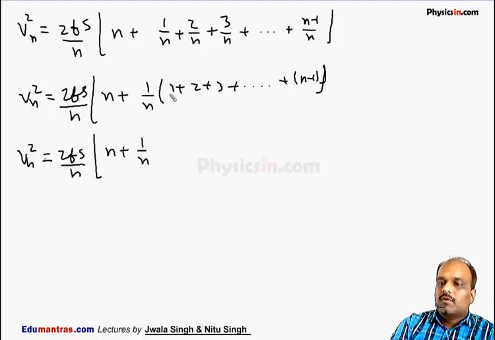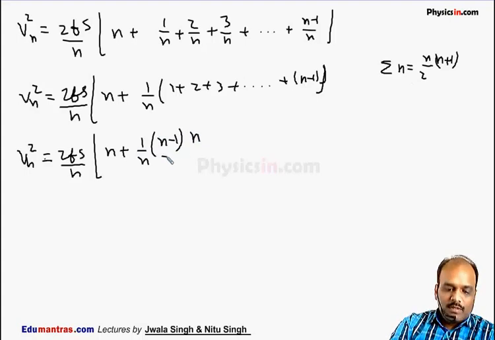We know the summation of n is n by 2 into n plus 1. Here we are adding terms up to n minus 1, so in place of n I will substitute n minus 1, giving n minus 1 into n divided by 2. Solving it, this n will cancel out.